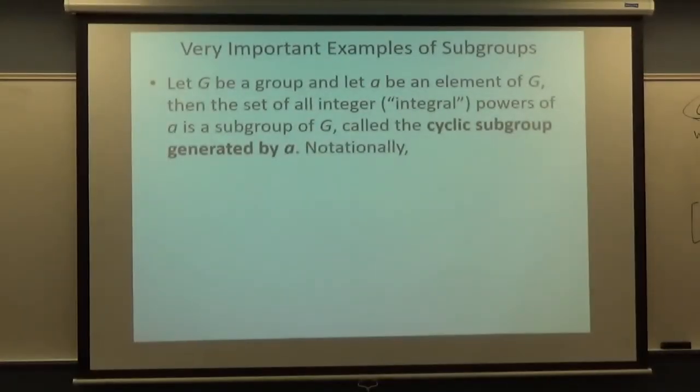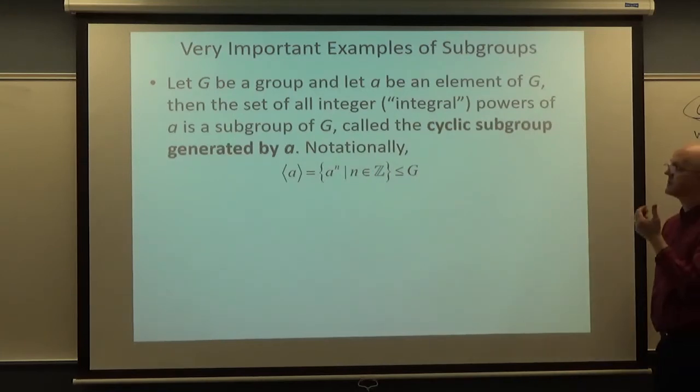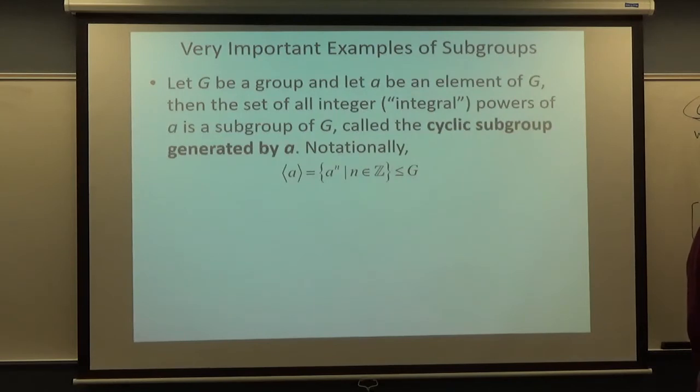So we looked at some examples of subgroups last time. I will re-emphasize those same examples, especially this very first one. This is the most important kind of subgroup there is, in general. You got an arbitrary group, could be a finite group, could be an infinite group, could be cyclic, could be not cyclic.